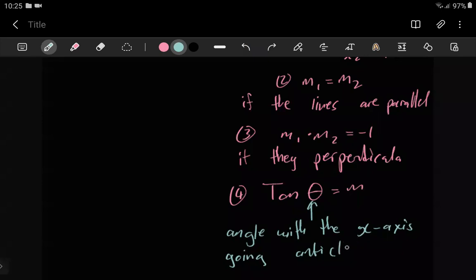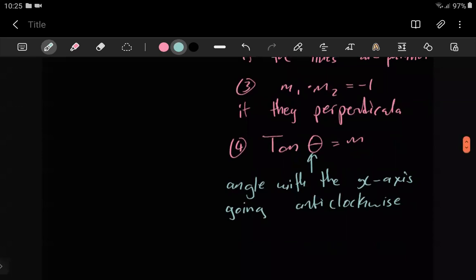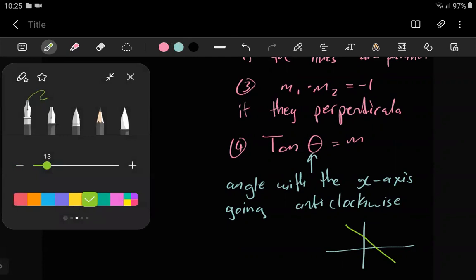What I mean is, if you have a Cartesian plane, the angle with the x-axis is always the angle going anti-clockwise.